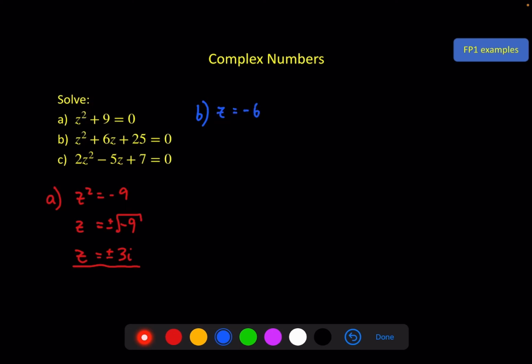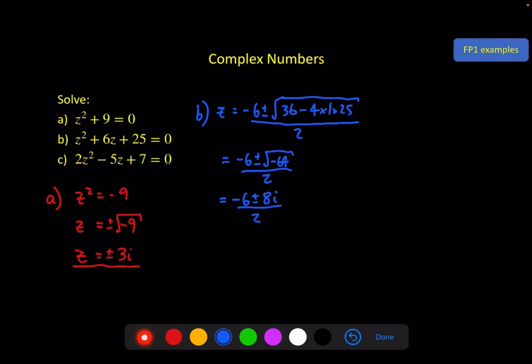So we have minus 6 plus or minus the square root of 36 minus 4 times 1 times 25, all divided by 2, which gives me minus 6 plus or minus the square root of minus 64 all over 2, which we now know can be written as 8i. And in its simplest form, that is minus 3 plus or minus 4i. And again, we have two complex solutions.